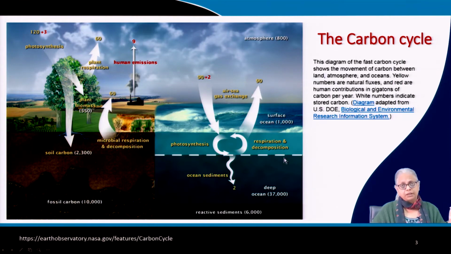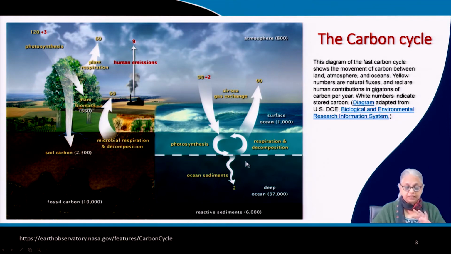What about the aquatic environment? The aquatic environment is also subject to some of the same processes. You have carbon dioxide in the atmosphere being converted to biomass by marine phytoplankton. The algal cells, kelp, seaweed, all these are examples of marine phytoplankton that will take up carbon dioxide from the atmosphere and convert it to biomass.